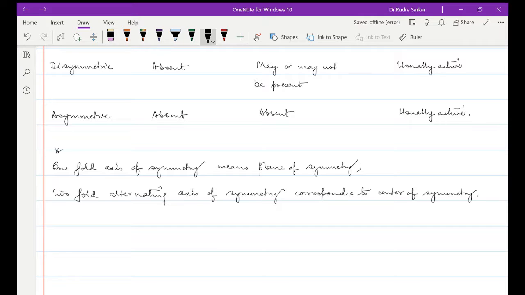So these are the two things that should be kept in mind. Any molecule that has a center of symmetry, we can easily say it has a two-fold alternating axis of symmetry. Any molecule that has a plane of symmetry, we will say it has a one-fold alternating axis of symmetry.